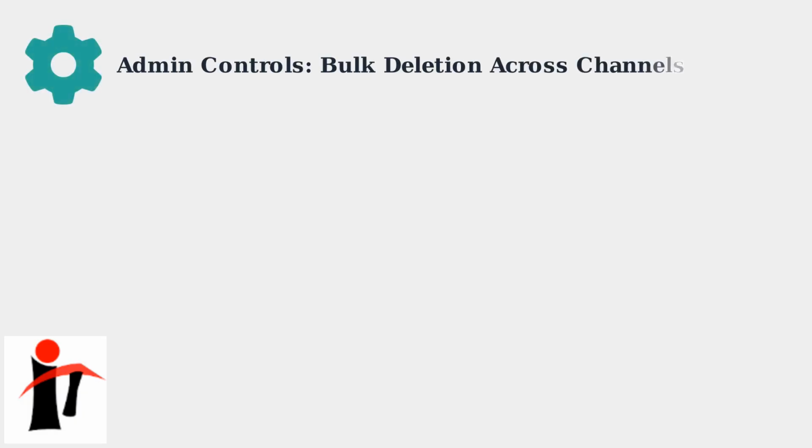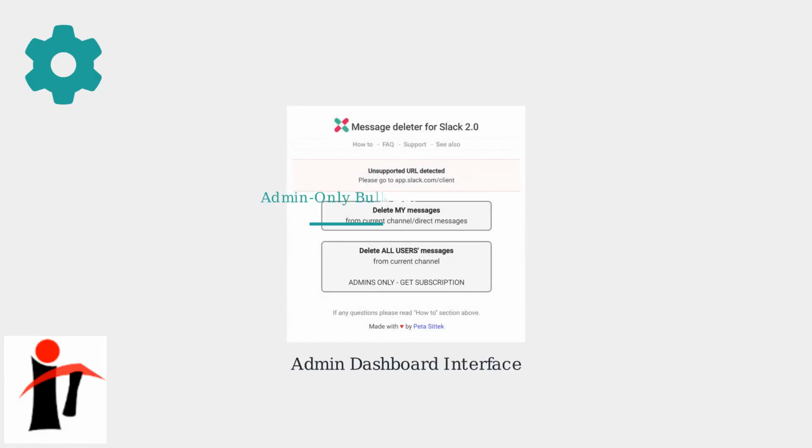Workspace owners and administrators have more extensive deletion capabilities in Slack. They can use Slack's enterprise grid features to delete messages across multiple channels, providing broader control over workspace content. Admins can access the admin dashboard to perform these bulk cleanups.